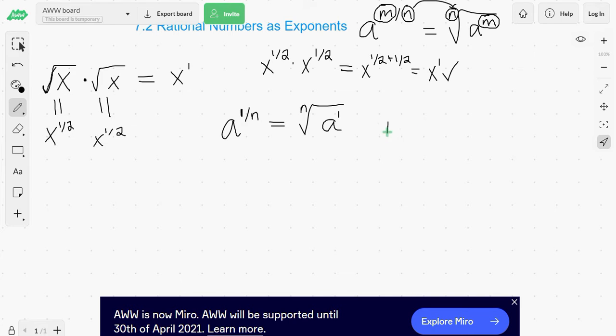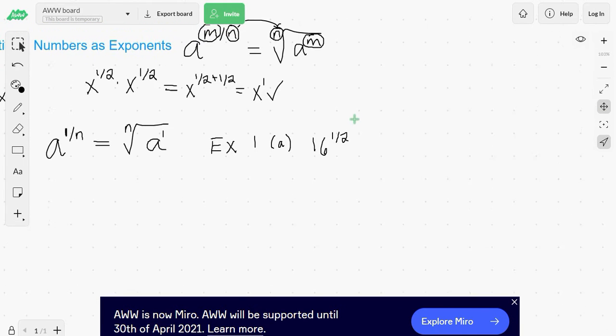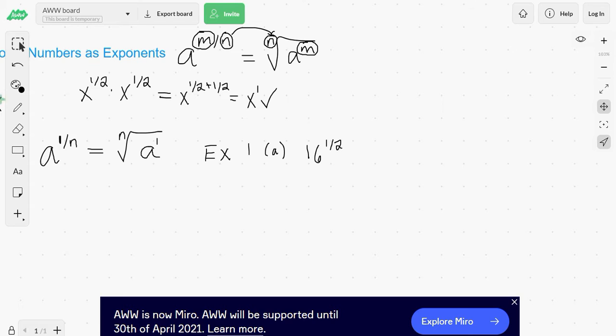Let's say we want to take a look at something like 16 to the 1/2. Well, we've got a 2 in our denominator, so that's our index. So we've got the square root of 16.